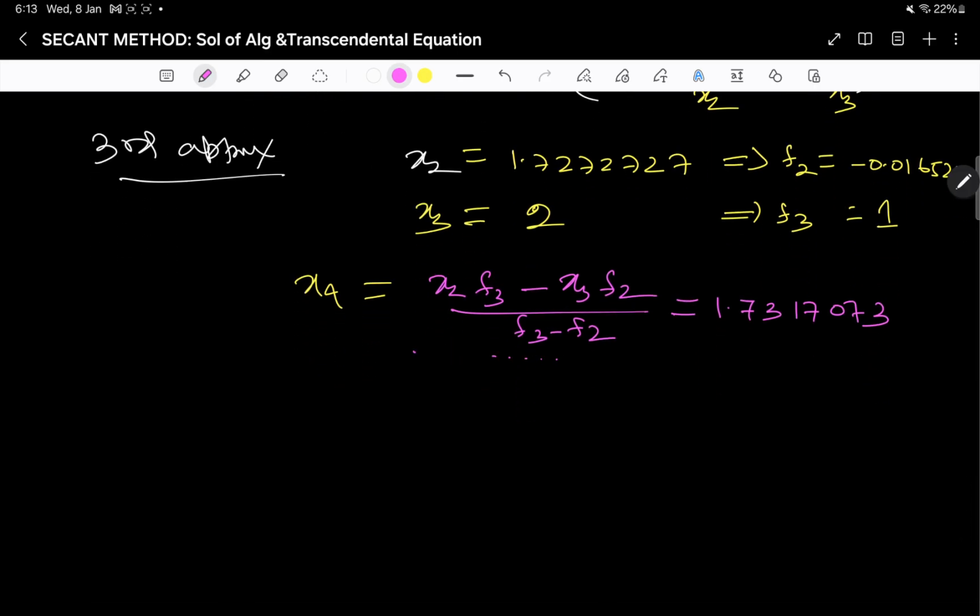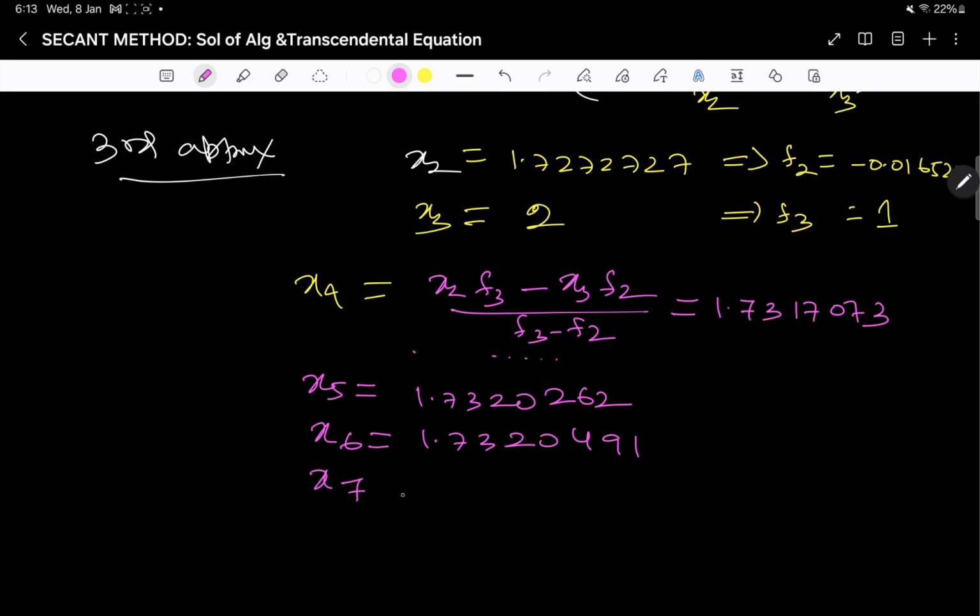then my next x5 will be 1.7320262 and my x6 will be 1.7320491 and my x7 will be 1.7320507 and x8 will be 1.7320508.